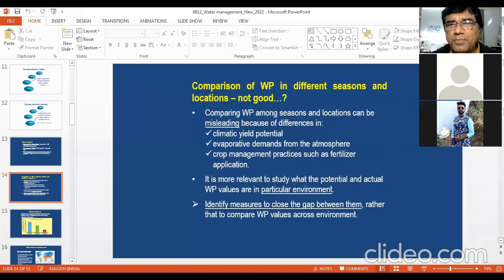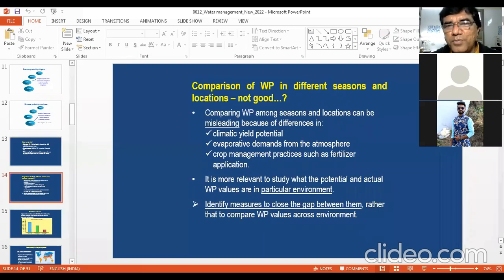Now, comparison of water productivity in different seasons and locations is not good. Just I was discussing about it. You cannot compare the water productivity of seasons and locations, because your climatic scenario will be altogether different. In wet season, in rainy season, you will get more contribution from rainfall.